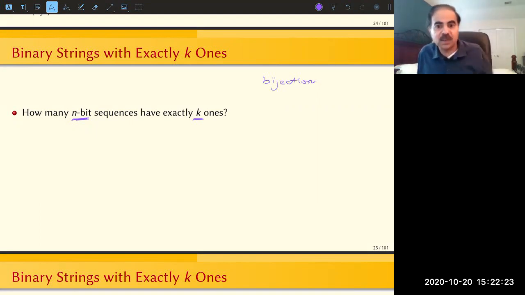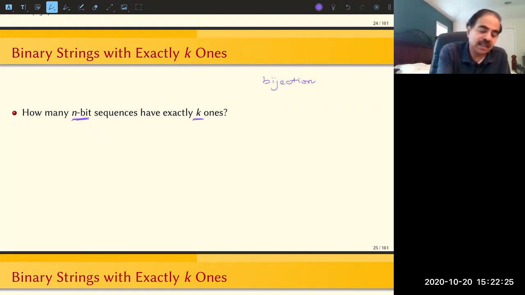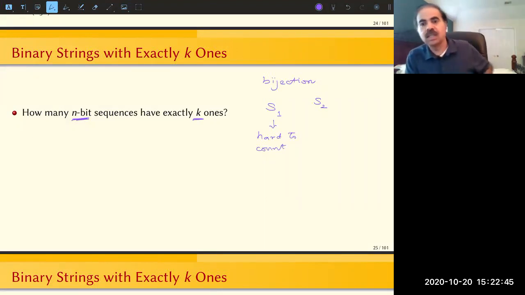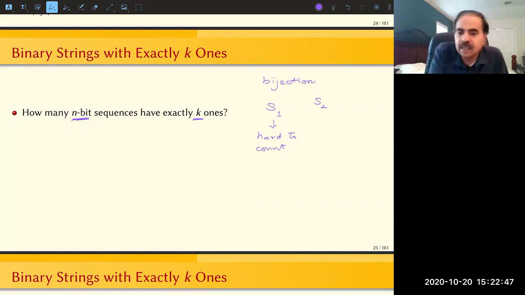And then, to make sure that your count is right, you start with the original set, let's say S1, and somehow you find it is hard to count, right? And it may be our mental limitation, or it could be some other reason.